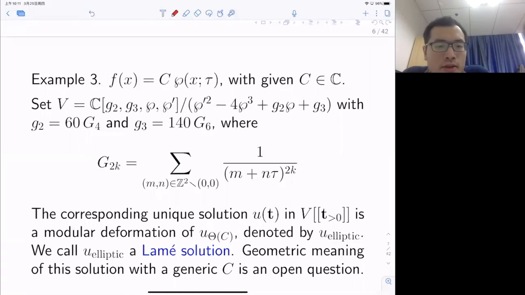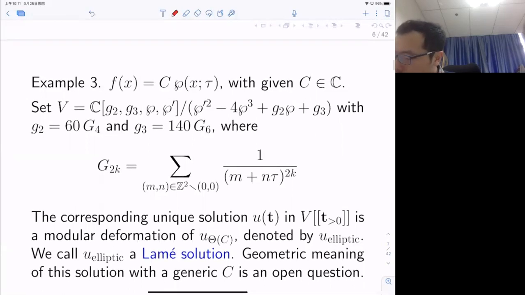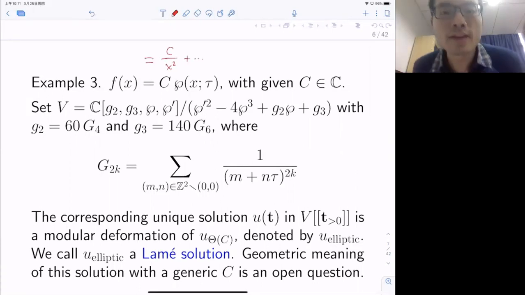The unique solution gives the modular deformation of the generalized BGW solution. This is easy to see because f(x) starts with c divided by x squared plus dots, and in this deformation the coefficients are modular forms.